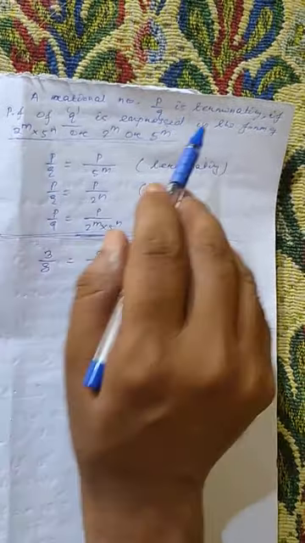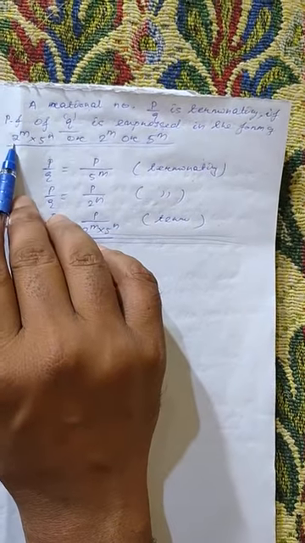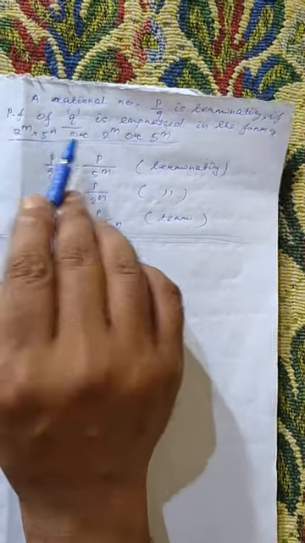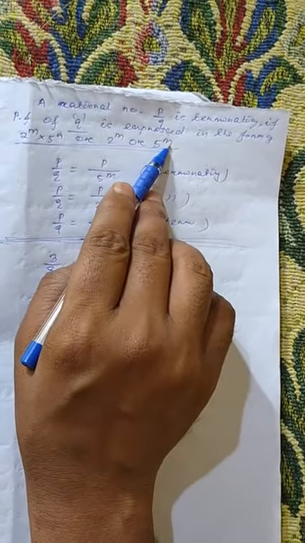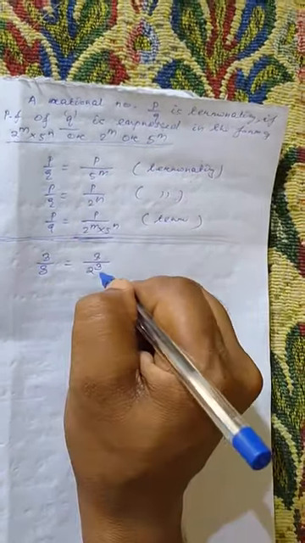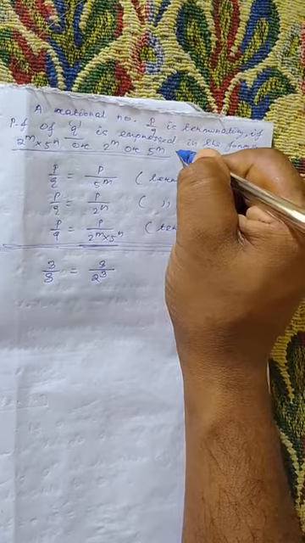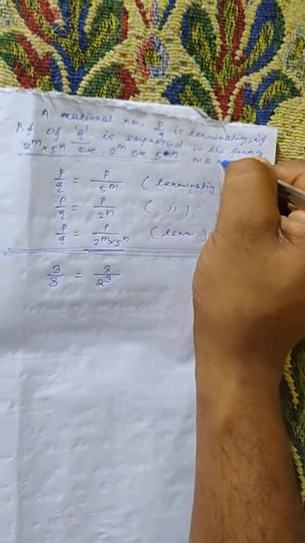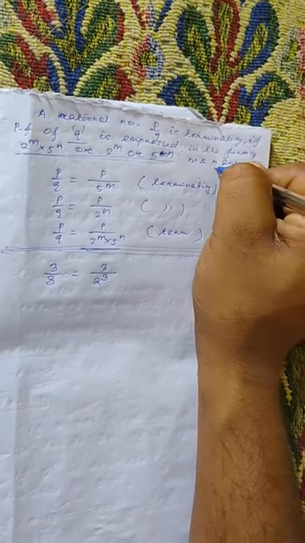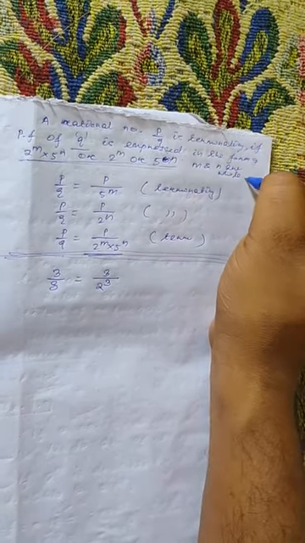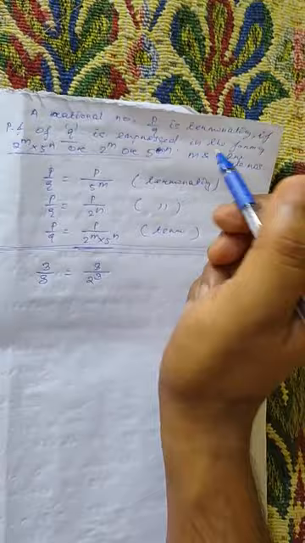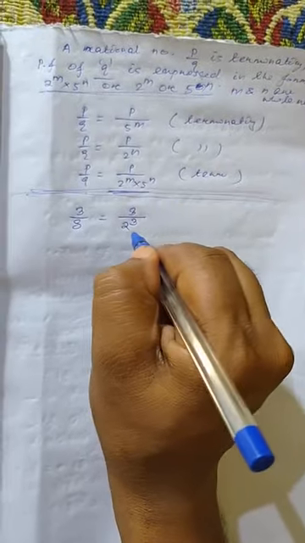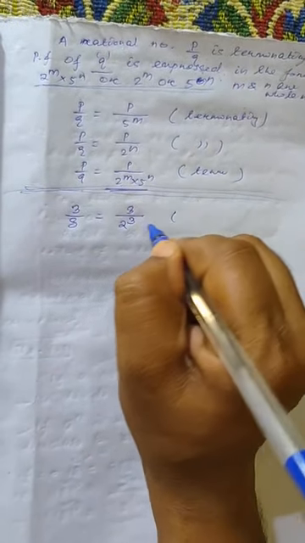Here I wrote the form 2 to the power m and 5 to the power n, or 2 to the power n or 5 to the power m. M and n are whole numbers or positive integers. That means 3 by 2 cubed is terminating.